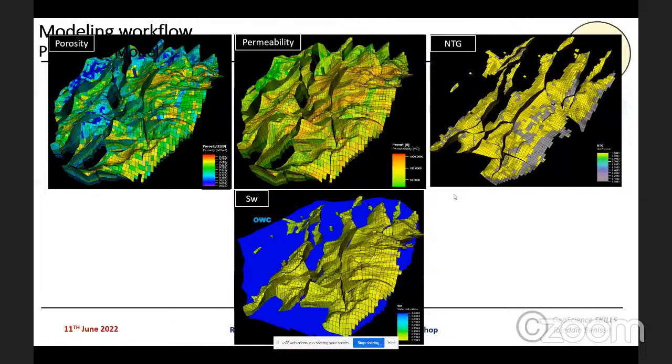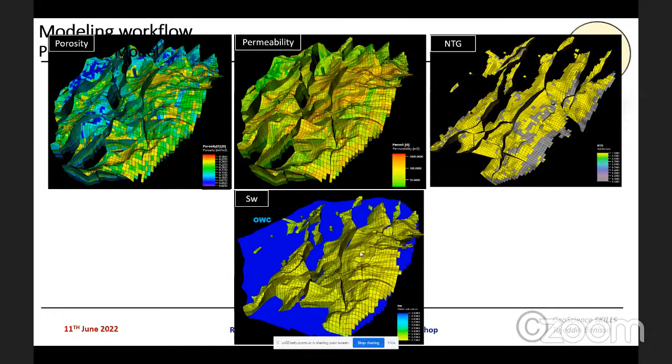Now this is an example from Gulf of Suez. We have some pictures here. We have a porosity grid, a permeability cellular grid, a net to gross grid, and finally a water saturation grid.